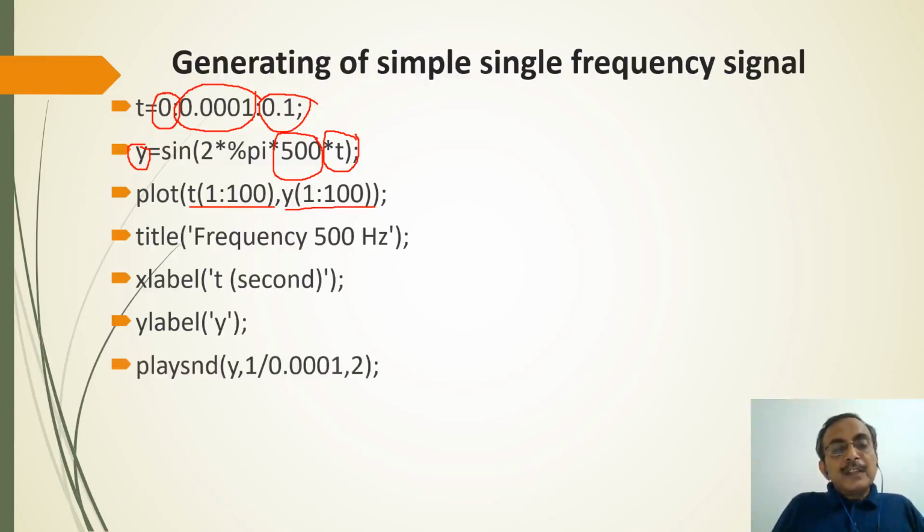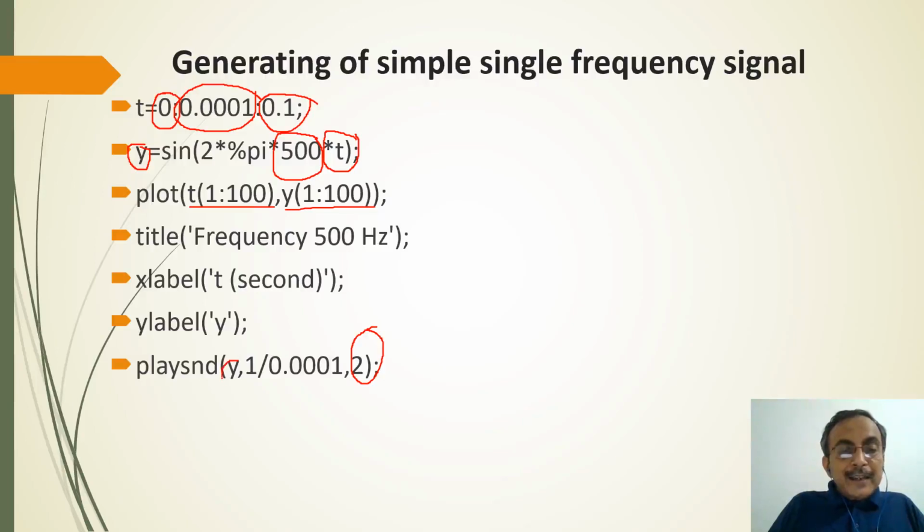I hope that you must have been through these in your earlier sessions. And now once we have generated this signal, we can play this particular sound and listen to how a 500 hertz tone actually sounds. The 2 at the end actually indicates that this sound will be repeated twice.